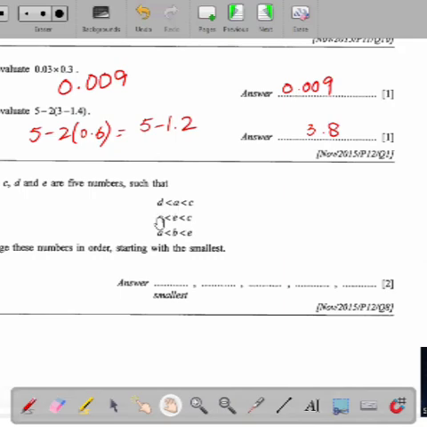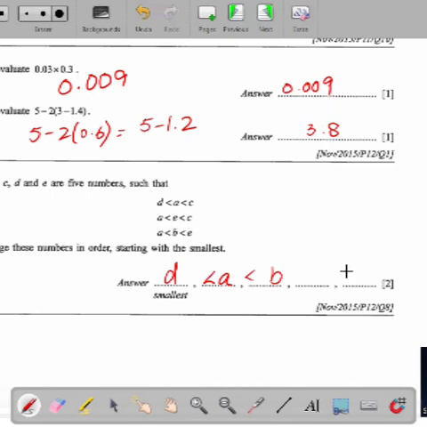D is smaller than A, A is smaller than E, A is smaller than B, so D is my first letter over here, then A, then B. Then C and E. So E should come first.